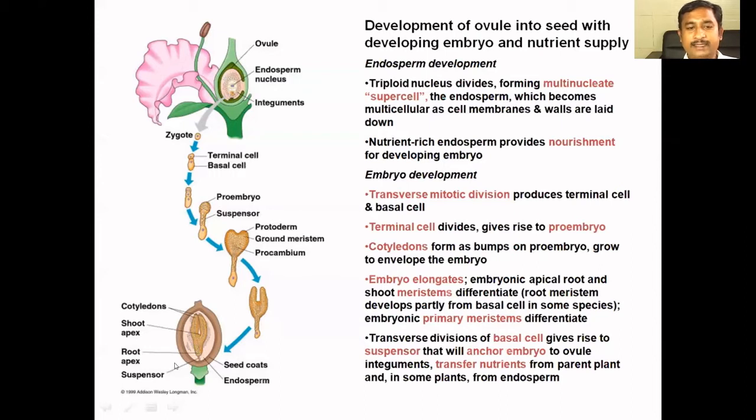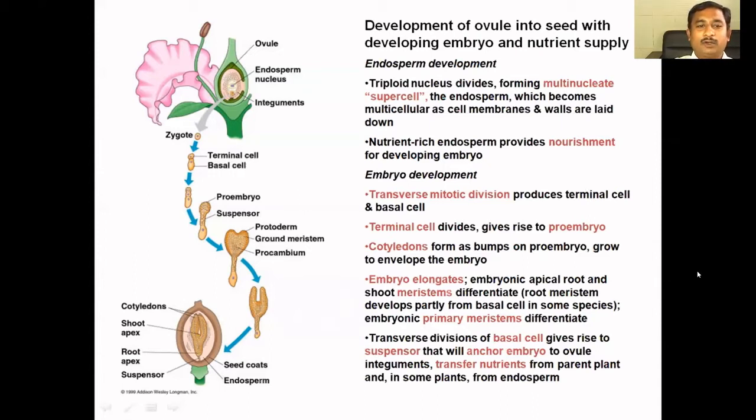There are suspensor cells here. When we plant these seeds, a shoot comes from the cotyledons and a root comes, and like this there is a development stage.